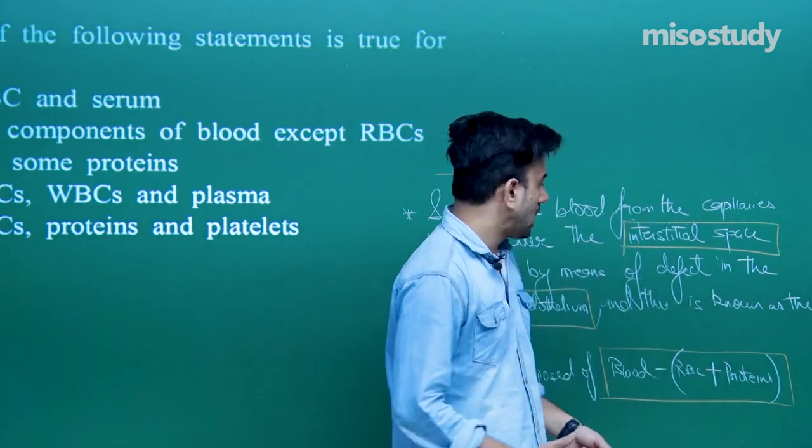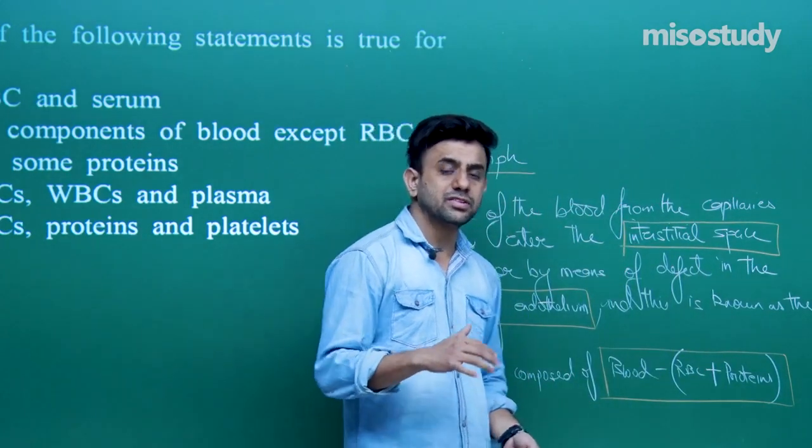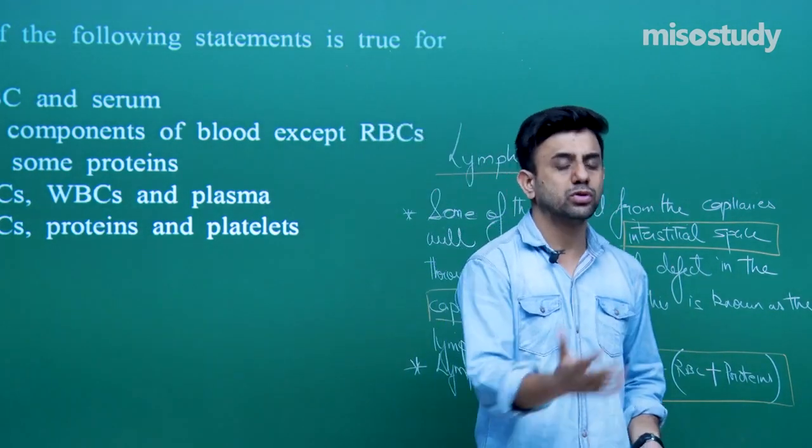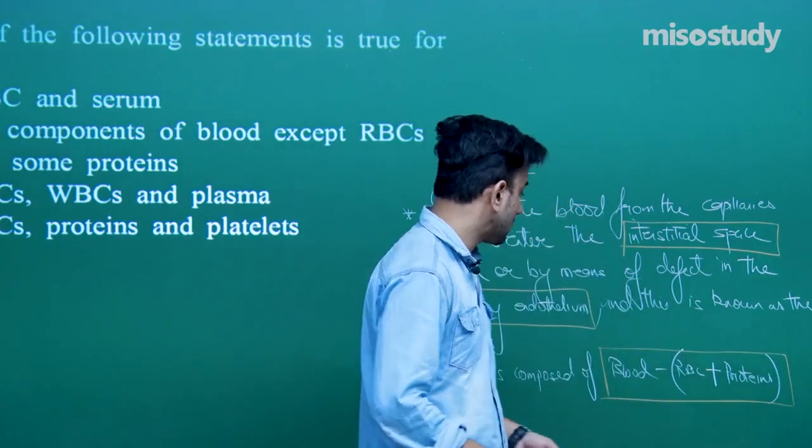Now, the lymph formed enters into the lymphatic capillaries and gets back into the venous system to be returned to the heart, right?